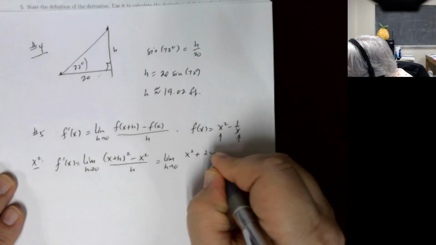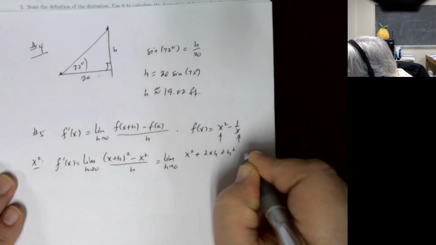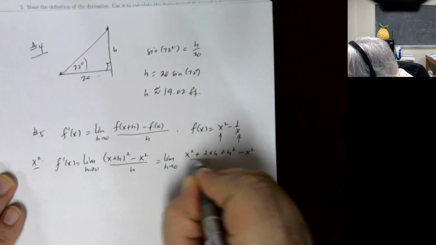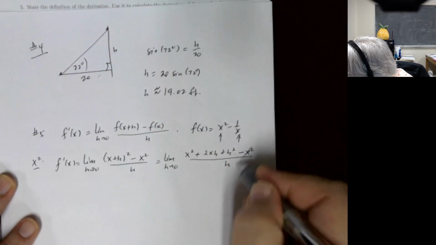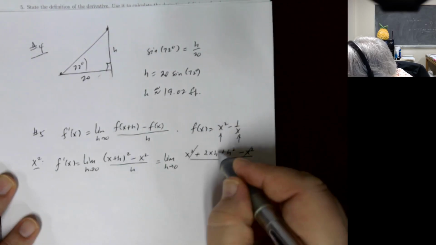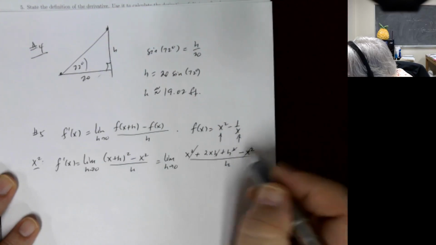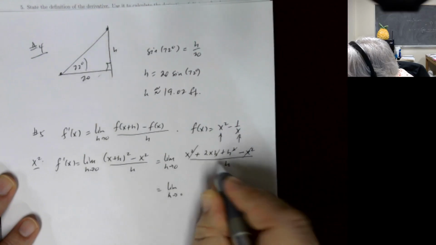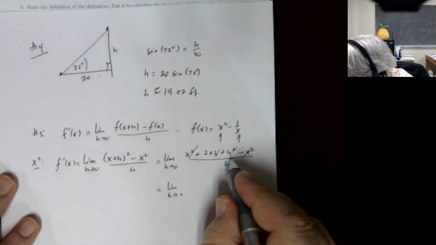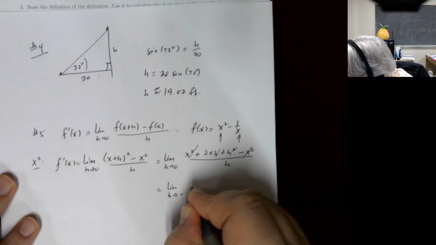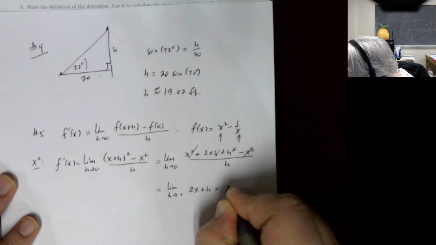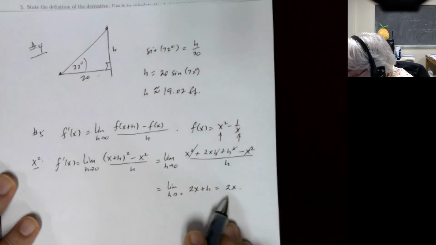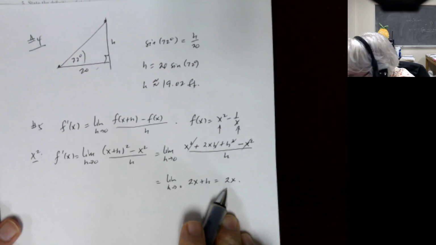So that's going to be 2xh plus h squared minus x squared divided by h. x squareds cancel, the h cancels, and so you're left with 2x plus h. Now remember, you can only cancel factors. Good. So that derivative is 2x, as we expected.